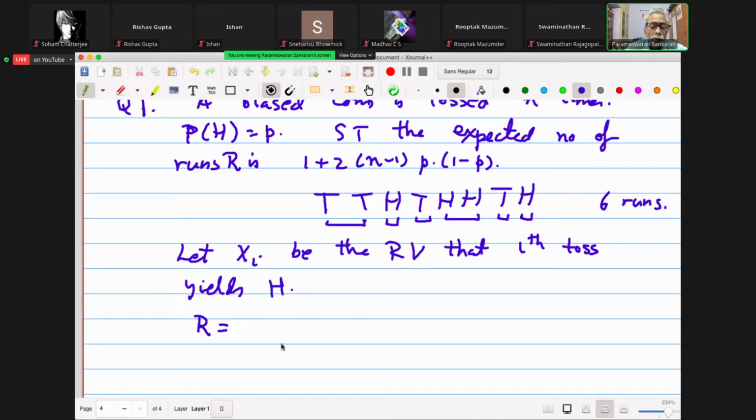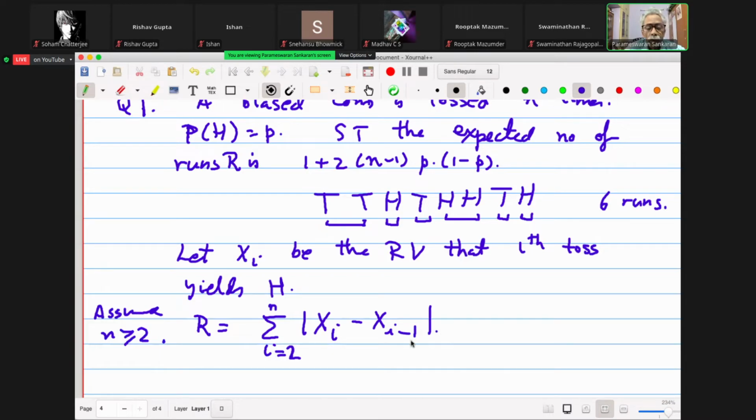In terms of xi, this is equal to the summation of the absolute value of xi minus x(i minus 1), and i is equal to 1 to n. Yeah, so maybe i equals 2 to n. Yeah, if n equals 1, there is exactly one run, and this matches. So assume n is bigger than or equal to 2.